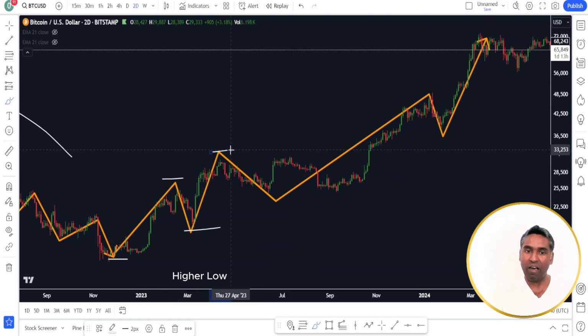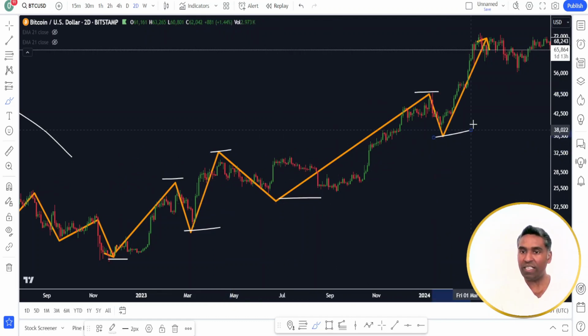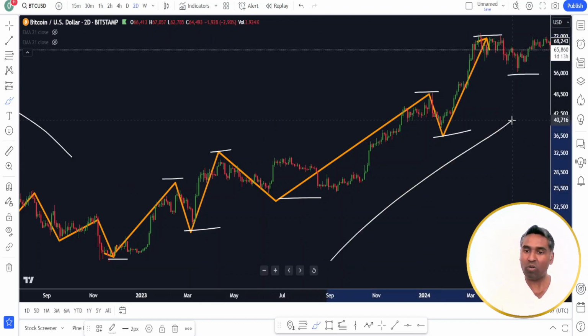And the price made a high, but this high was higher than this point, so the price made a higher high. So the price is making higher highs and higher lows. If we see this kind of price behavior in the market, we must know that the price is trending up now.